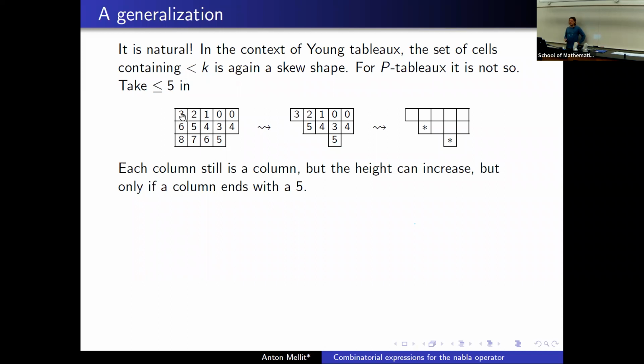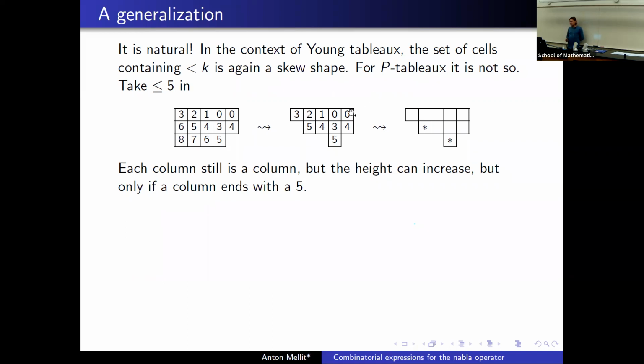And in each column, they must increase, but faster. So when one number is on top of another, the difference must be at least 2. So I drew this tableau, and then I take all entries less than or equal to 5, and I get this picture. It's not a skew shape at all, right?